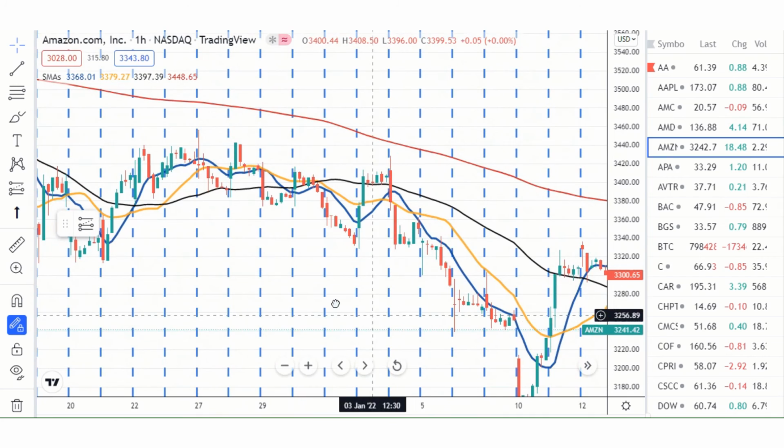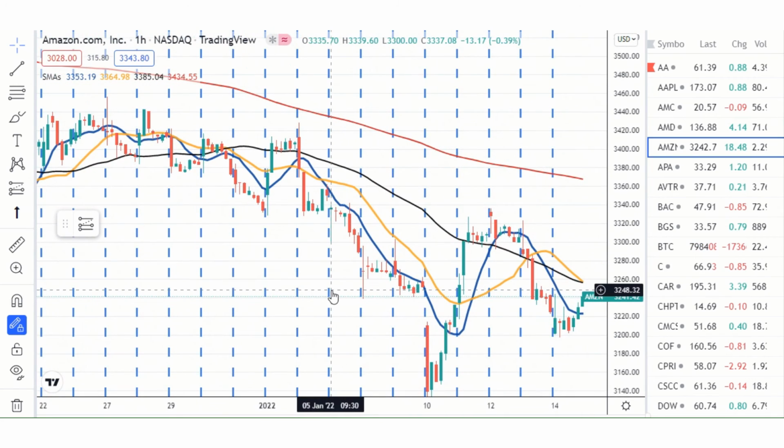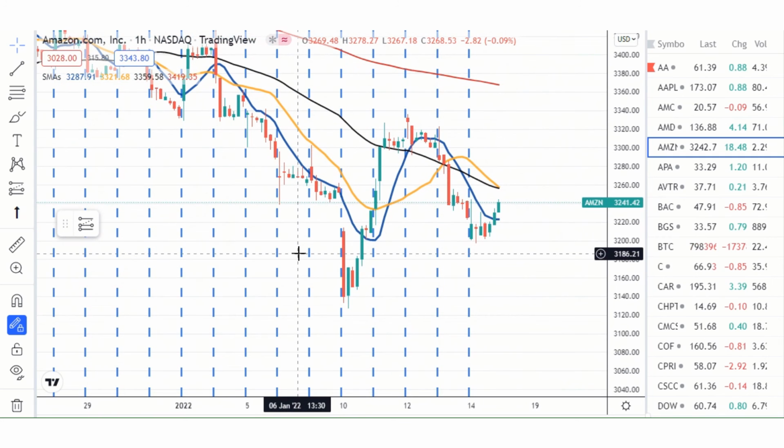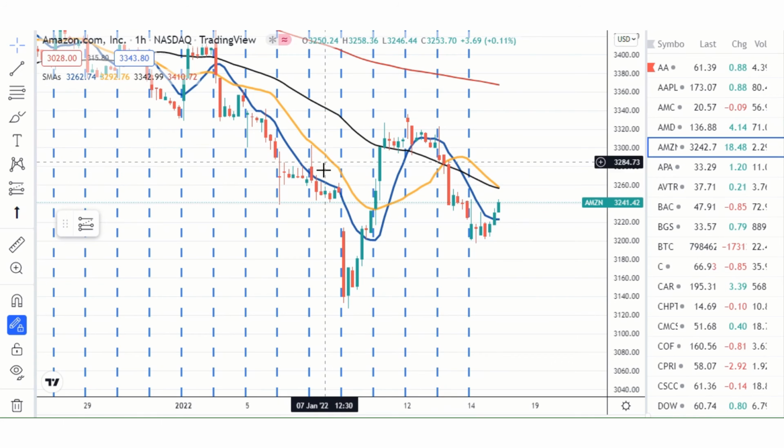I think I saw one. Okay, right here. Got a candle, then you've got a long topping tail. This one looks more like a shooting star. And then you've got a series of candles going below it. It's not as obvious as others.